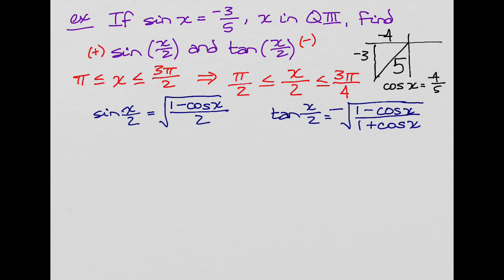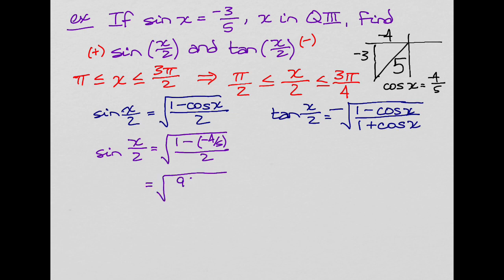We're ready to go. Sine of x over 2 is positive, the square root of (1 minus cosine x, which was -4/5) over 2. Well, that's 1 plus 4/5, so that's 9/5 over 2.